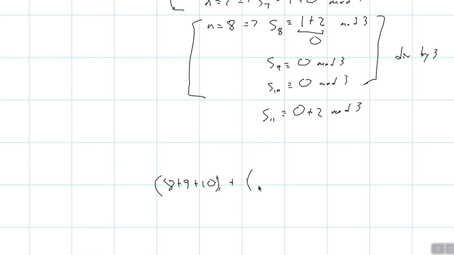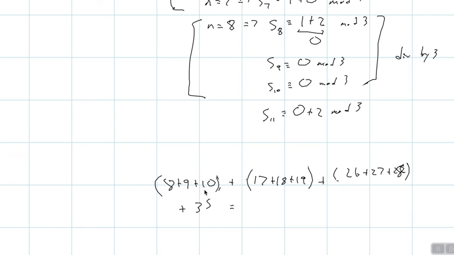So those other values would be 7 plus 10, so 17, 18, 19, and then 7 more than 19 is 26, 27, 28, and then 7 more than 28 is 35.